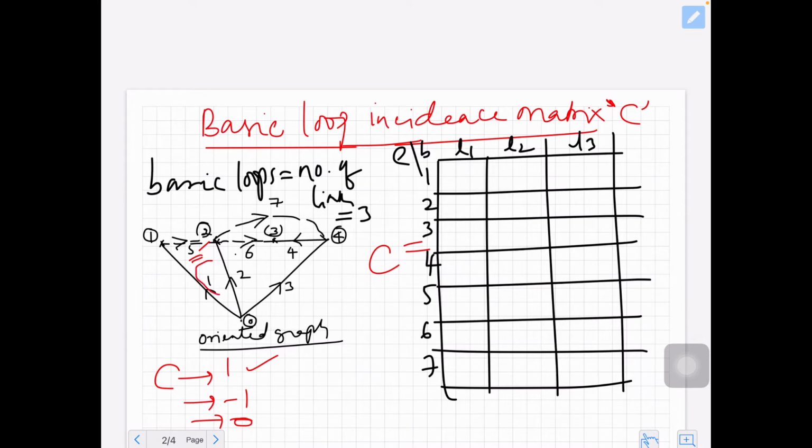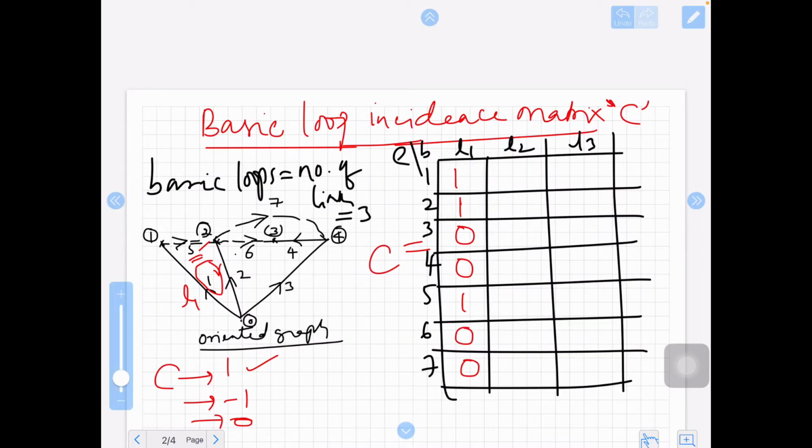Let us mark this as a loop with current direction clockwise. So, this basic loop is L1. This basic loop is touching only the elements 1, 2, 5. Remaining elements are not touching the basic loop.